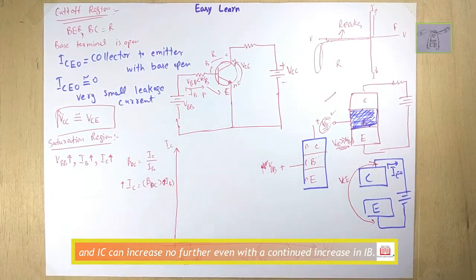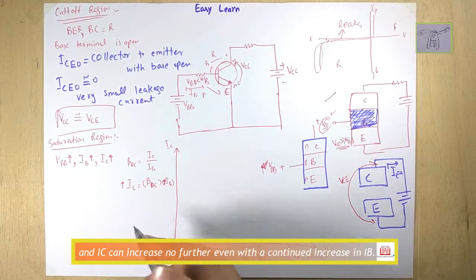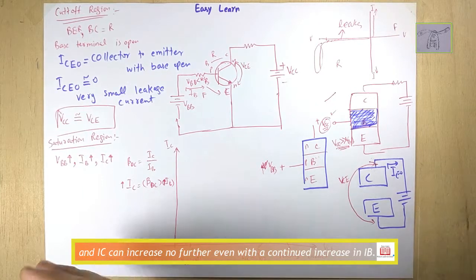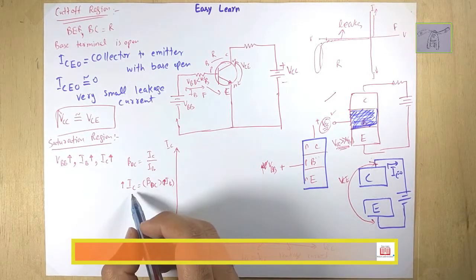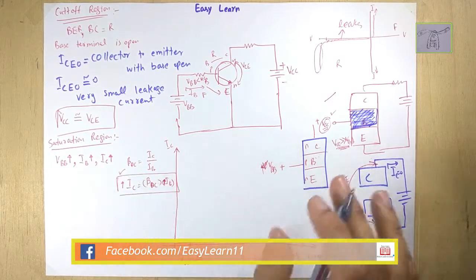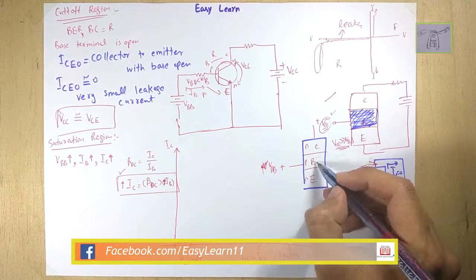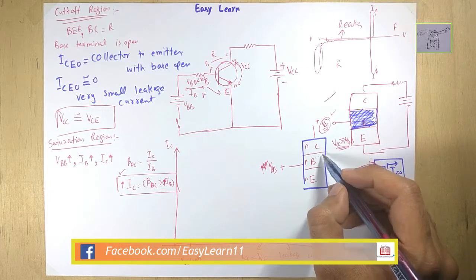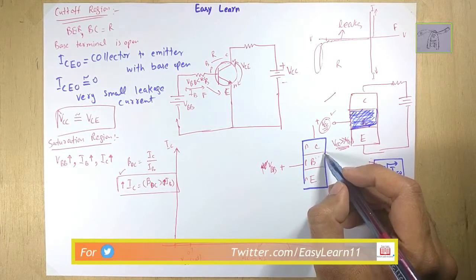But there is another relation. Before going to it, I want to explain that this relation is only valid until the base-collector junction is in reverse bias state. Remember, this is a very important point.